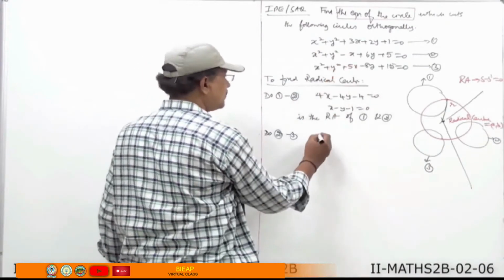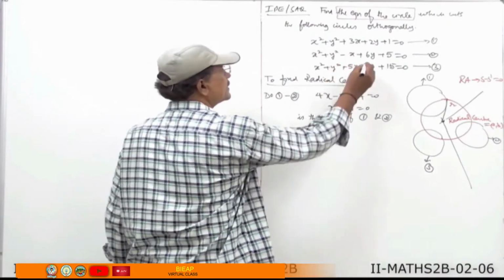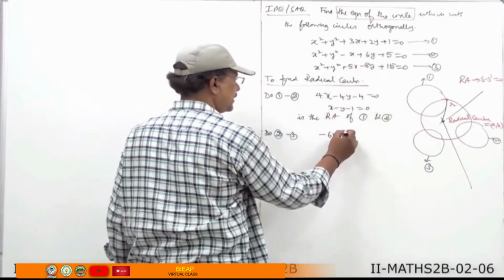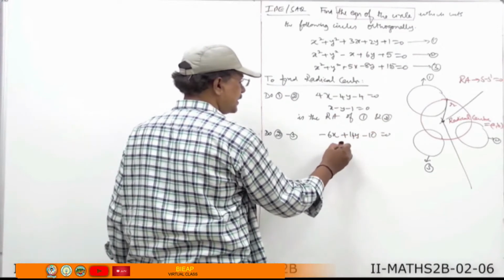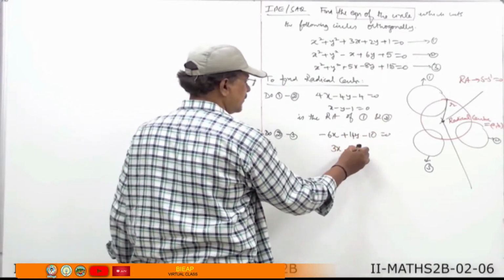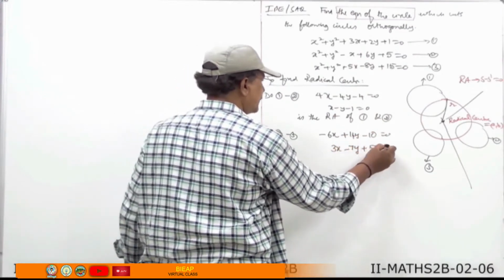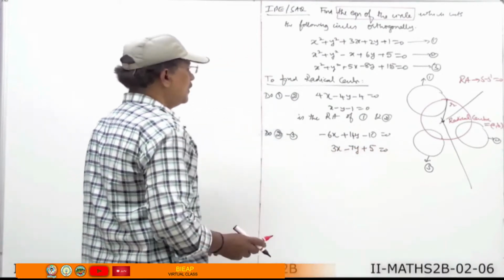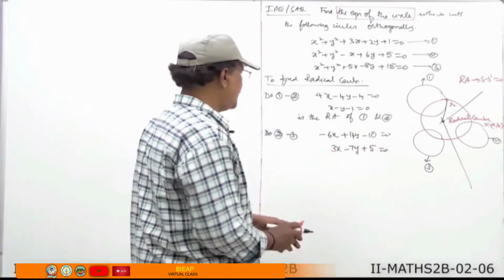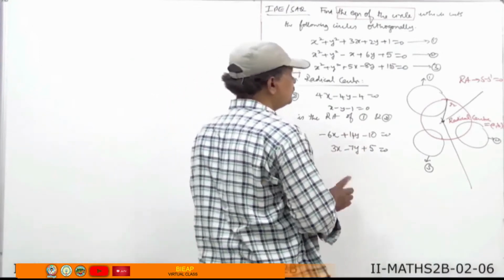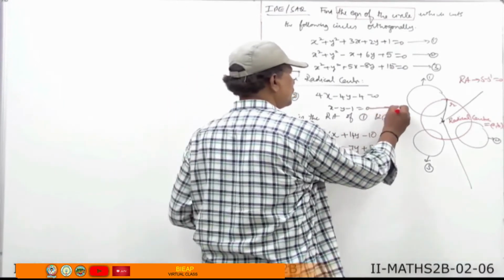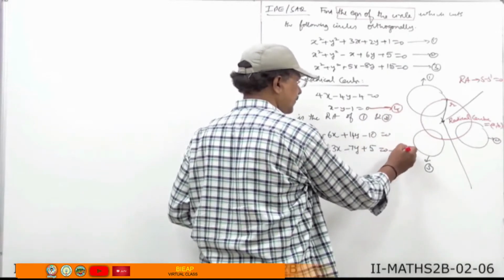That is minus x minus 5x, that is minus 6x, 6y plus 8y, that is 14y, minus 10 equal to 0, that is 3x minus 7y plus 5 equal to 0. I call it equation 4 and equation 5.